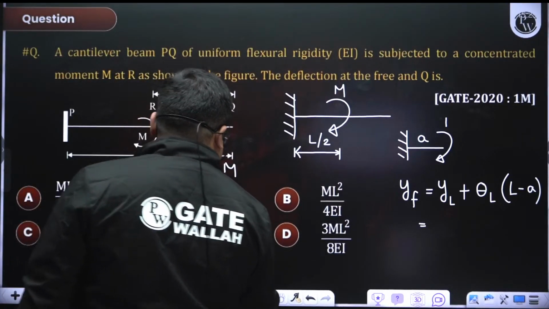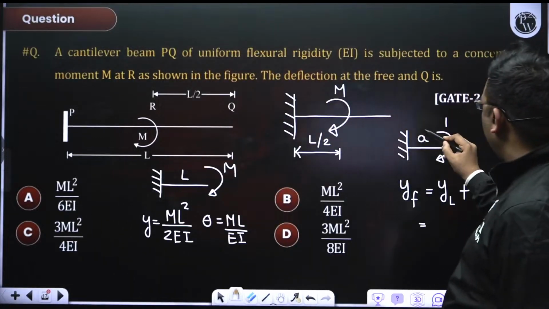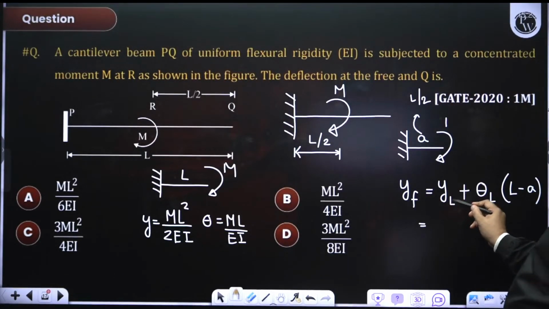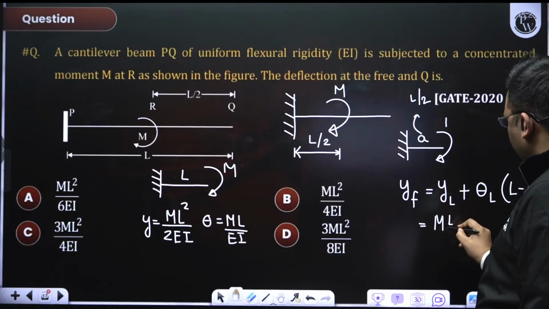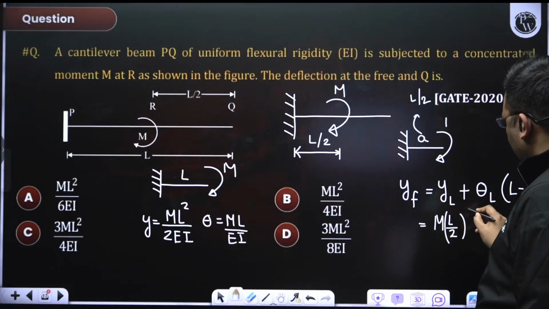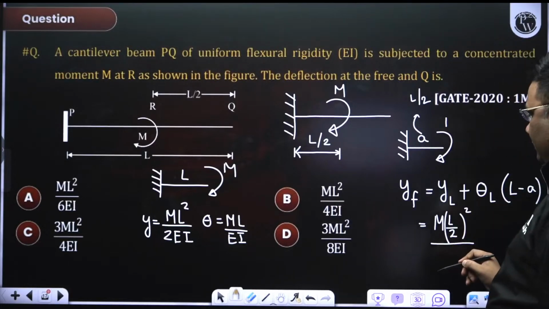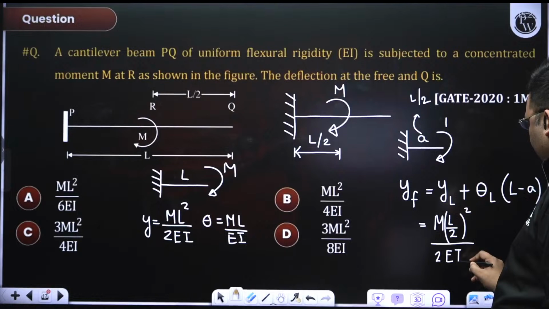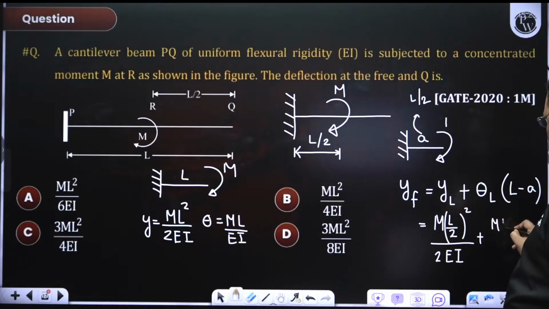So when I use it here, I will use A. A is how much? A is L by 2. So in place of L, I will use A. So it will be M into L by 2 square divided by 2 EI, plus M into L by 2 by EI.